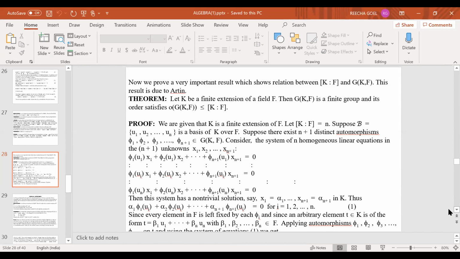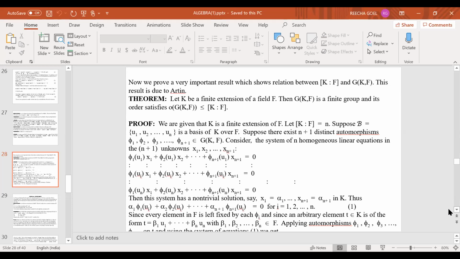This states that if K is a finite extension of F, then G(K/F) is a finite group and its order satisfies that the order of G(K/F) is always less than or equal to the degree of K over F. The proof is rather simple, let us see.